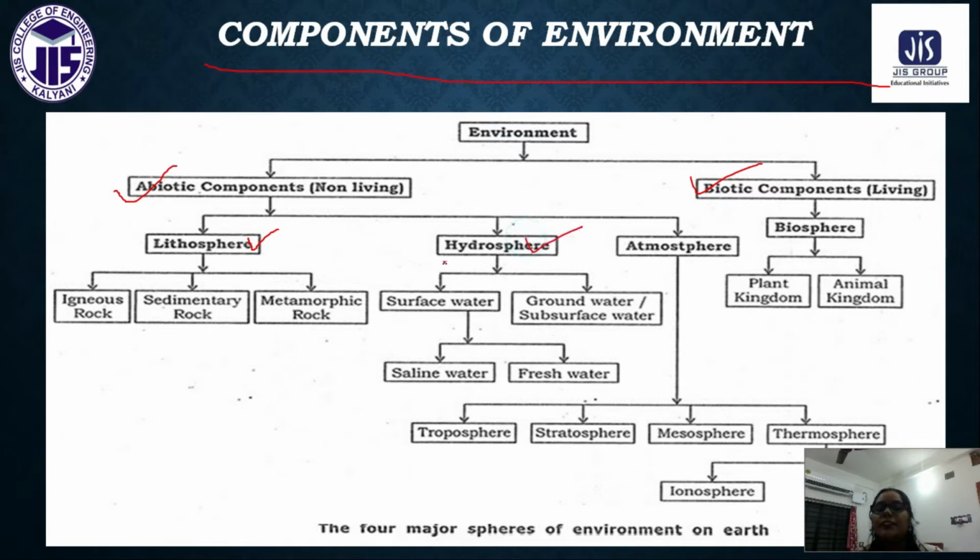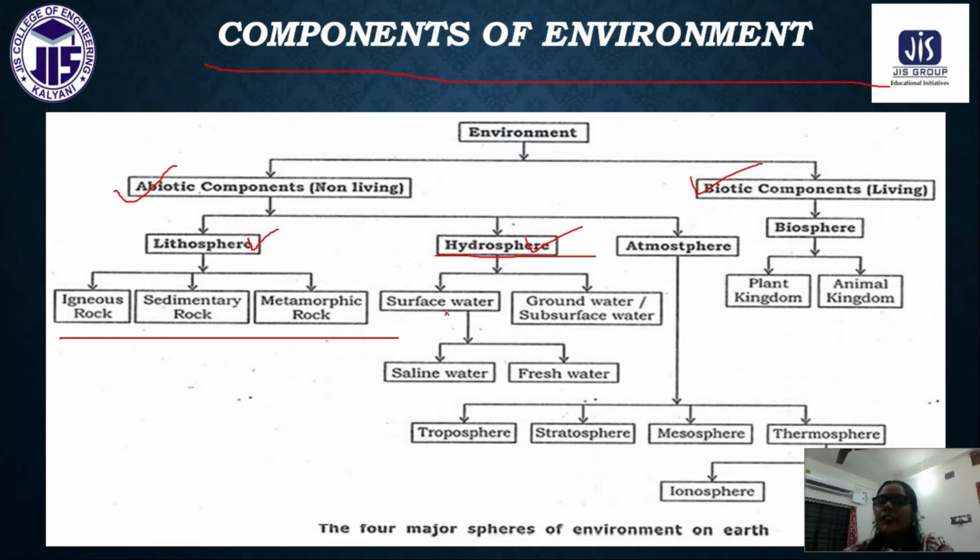Hydrosphere means the water bodies, whatever water resources we have, river, pond, lake, sea, ocean, all types of water resources are called hydrosphere. Okay, now lithosphere is again of three types: igneous rock, sedimentary rock, and metamorphic rock.